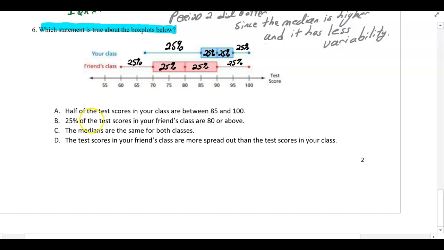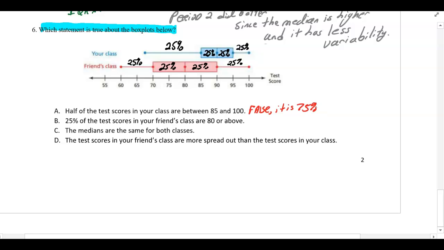So part A, half of the test scores in your class are between 85 and 100. So that's the blue graph. And it does look like 75% are there. So this is false.